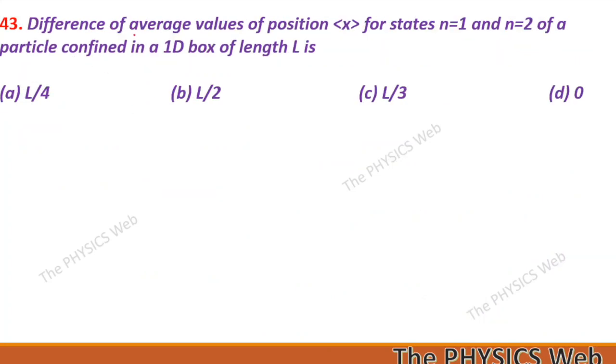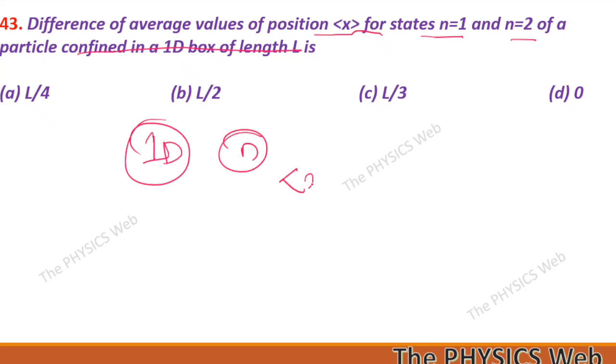Next, 43. Difference of average values of position for states n equals 1 and n equals 2 of a particle confined in a 1D box of length L. Okay, so remember for a 1D box, for any state n, the average of position is L by 2.